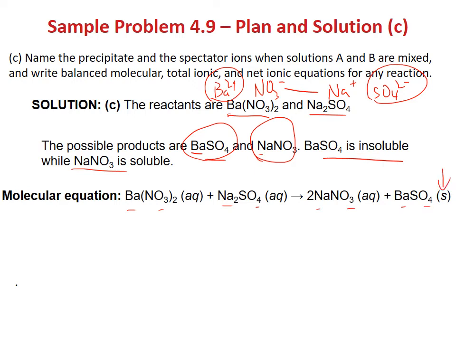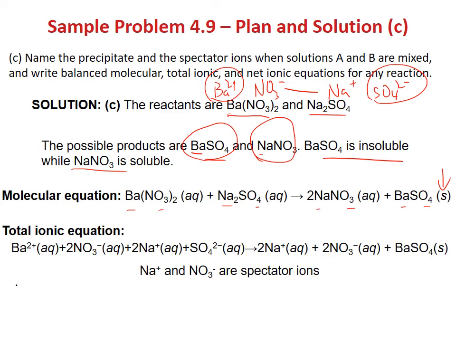To write the total ionic equation, the soluble salts are all dissociated into ions. So barium ion, nitrate ion, sodium ion, sulfate ion, sodium ion, nitrate ion. The only thing that is not dissociated is the insoluble solid barium sulfate.